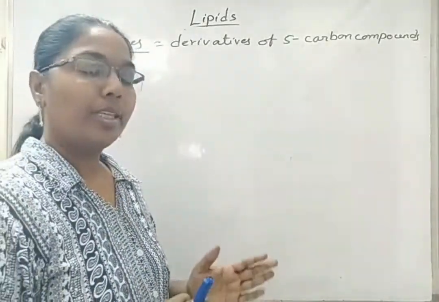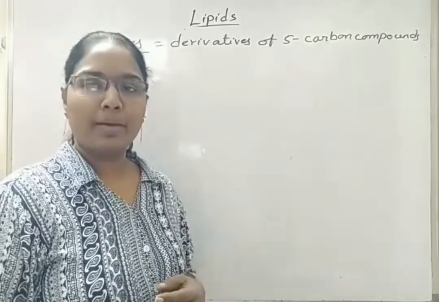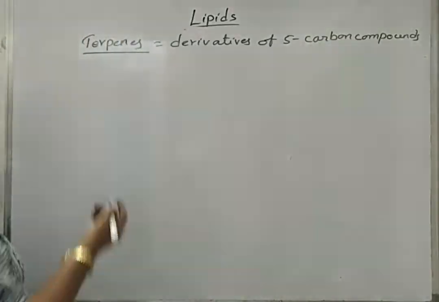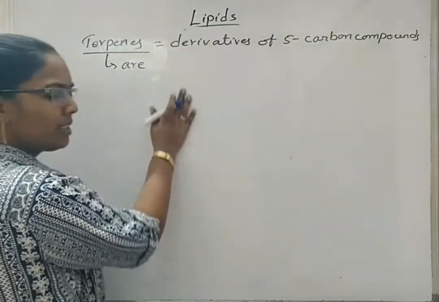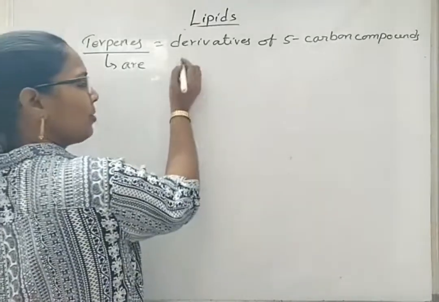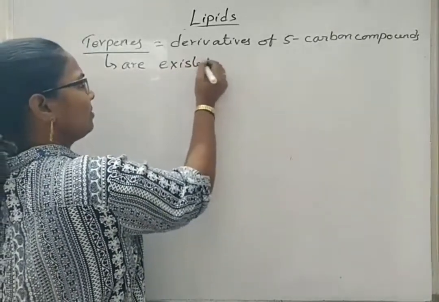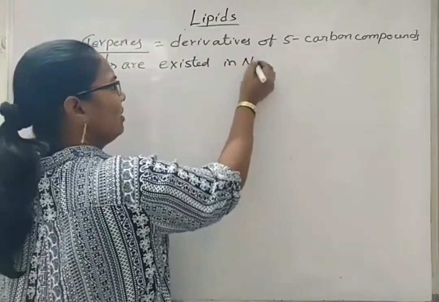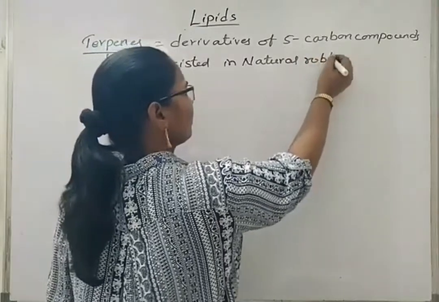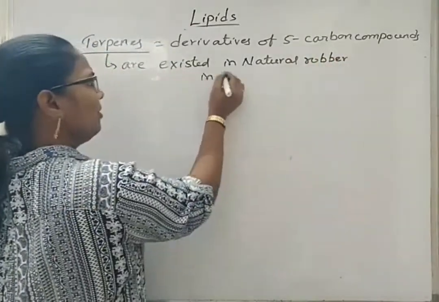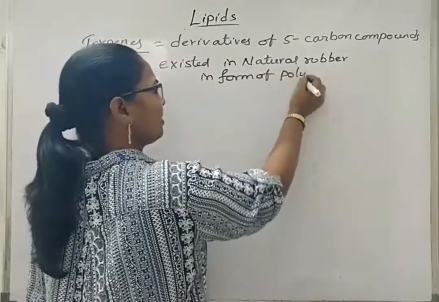They exist in eucalyptus oil, camphor, etc. These terpenes exist in natural rubbers in the form of polyterpenes.